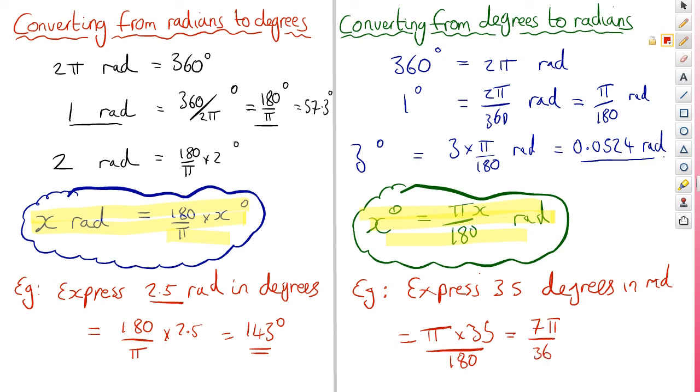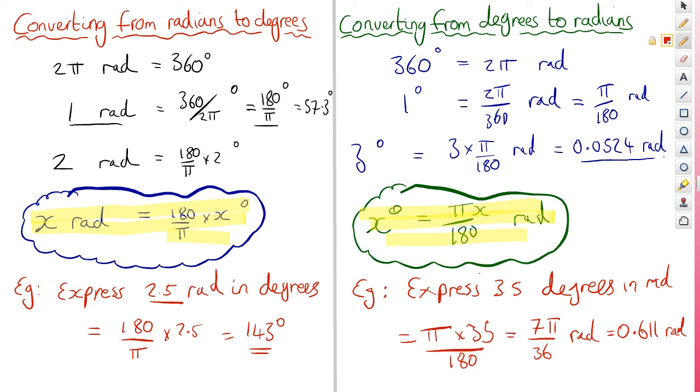We could write down that 35 degrees is 7 pi over 36 radians, but more likely, as physicists, we'll put that to 3 significant figures. If you press the conversion button on your calculator, the SD button, then it gives you 0.611 radians.